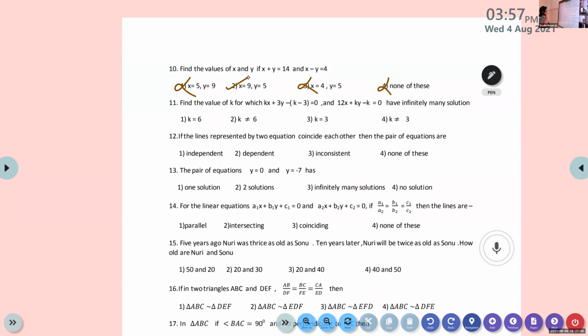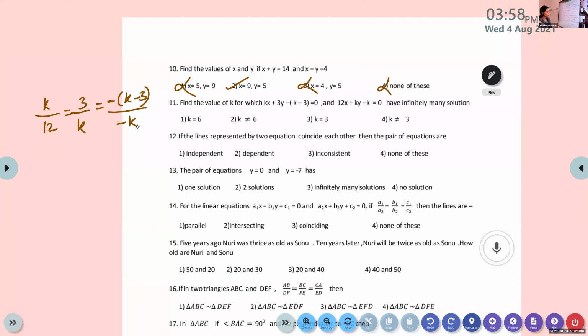For what value of k do the equations kx plus 3y minus k minus 3 equal to 0 and 12x plus ky minus k equal to 0 have infinitely many solutions? What is the condition for infinitely many solutions? a1 by a2 is equal to b1 by b2 is equal to c1 by c2, isn't it?